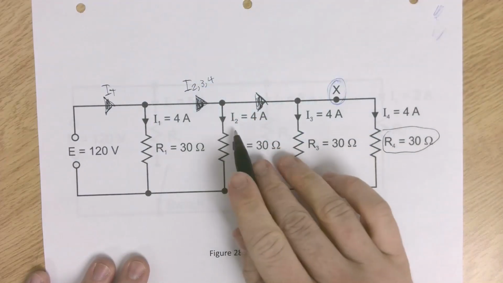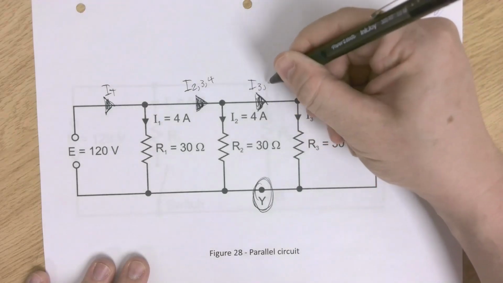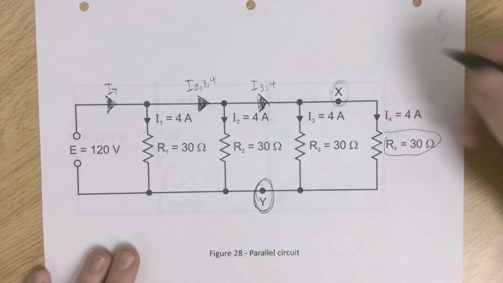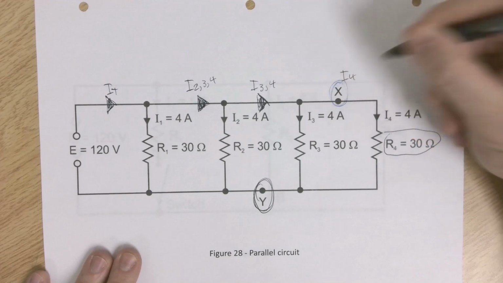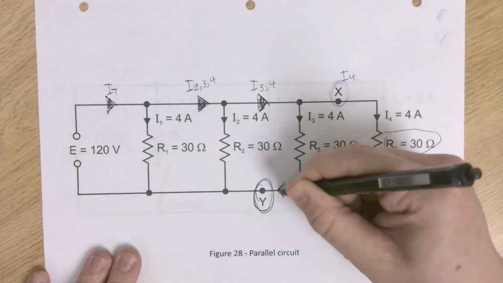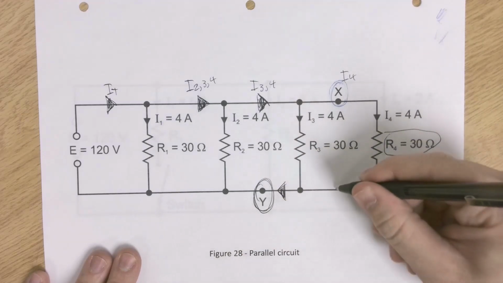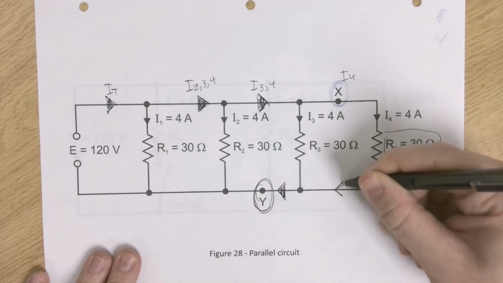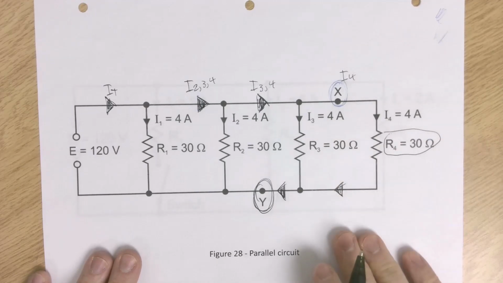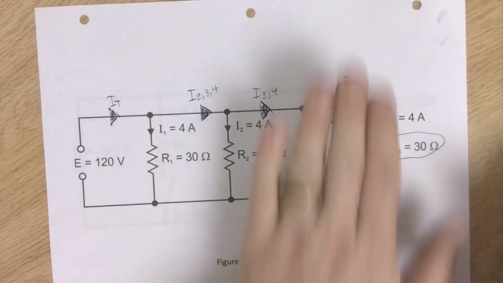And then I2 goes through this branch, so this would be I3, 4. Then at X, we would just have I4. But if the current can't continue to go back, if we have an open circuit at Y, then at this point we wouldn't have current flowing anymore.